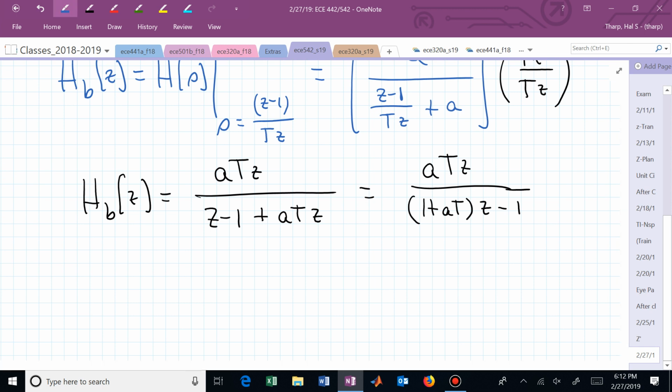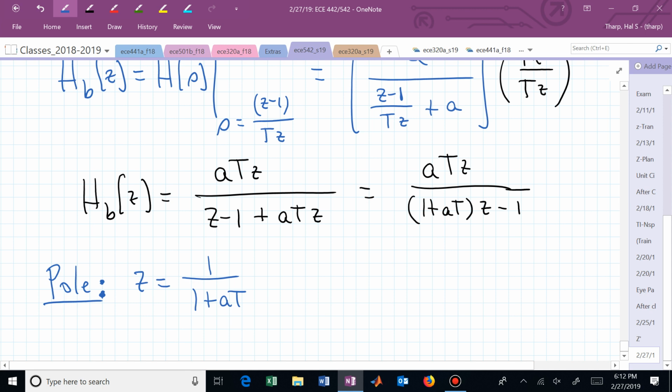In this approximation, where is our pole? We find the pole the same way. We set the denominator equal to 0, and that's now going to be 1 over 1 plus AT. Where is that relative to the unit circle? A is the bandwidth of our low-pass filter.